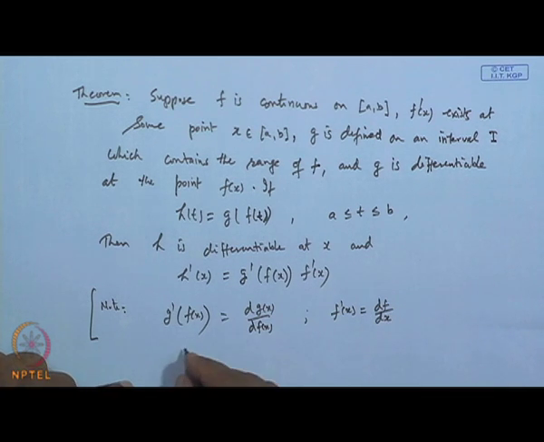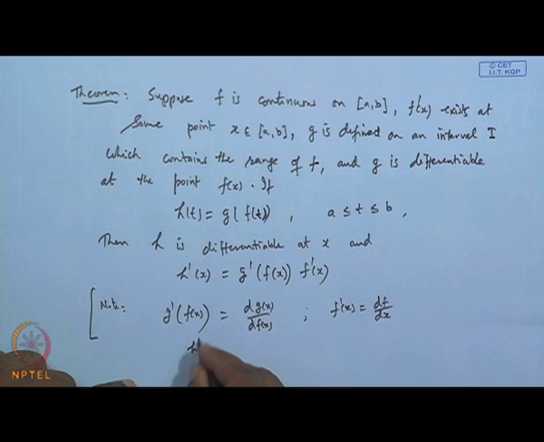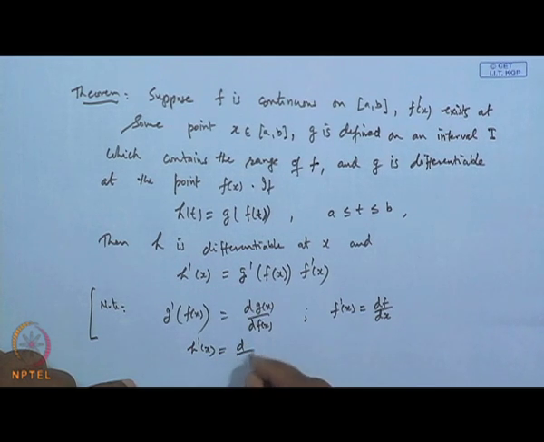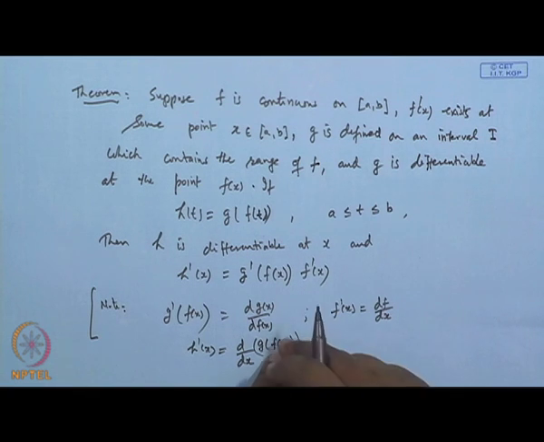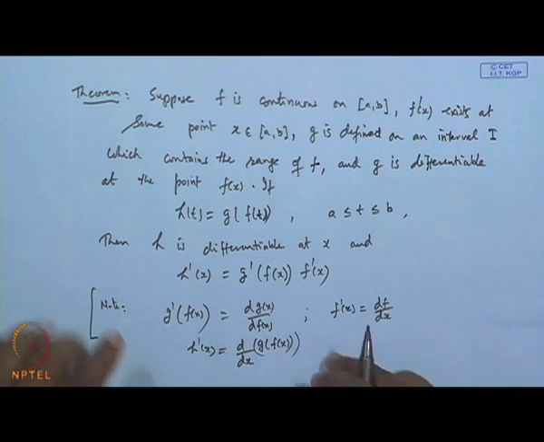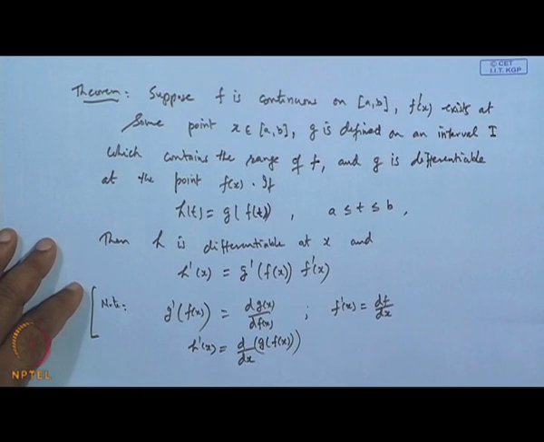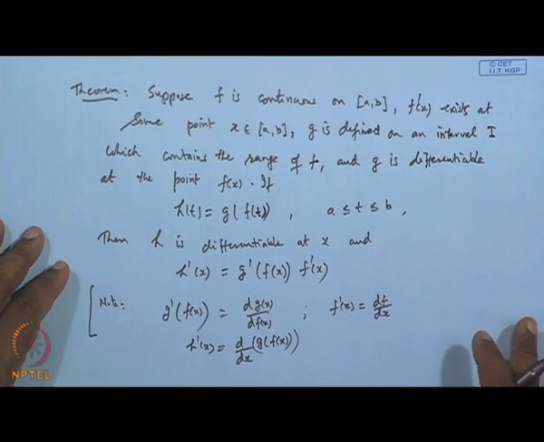So, when we say h dash x, it means we want to differentiate this composite function g of f(x) with respect to x. Since it is a composite function, g is a function of f, so first we differentiate with respect to f, and then f with respect to x. That will be the idea for it. So, that is the value for this.